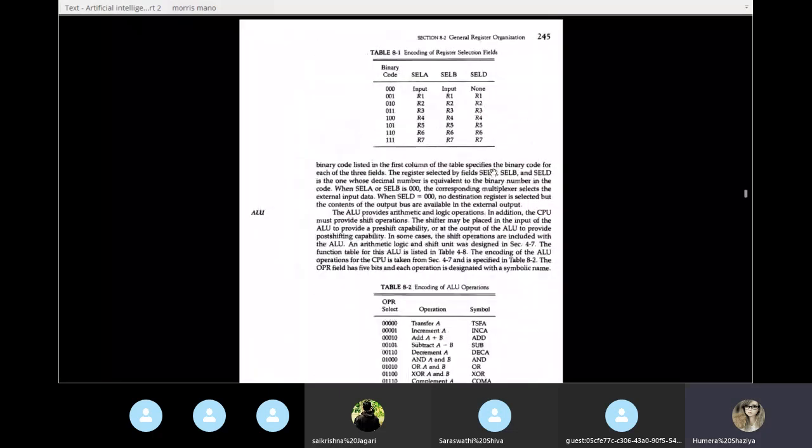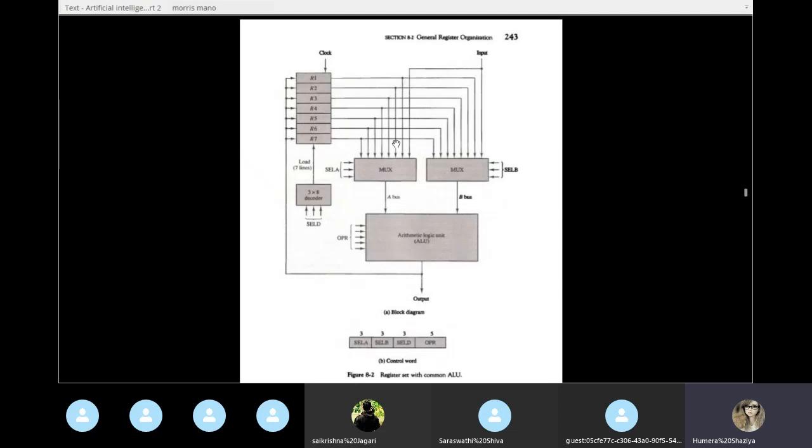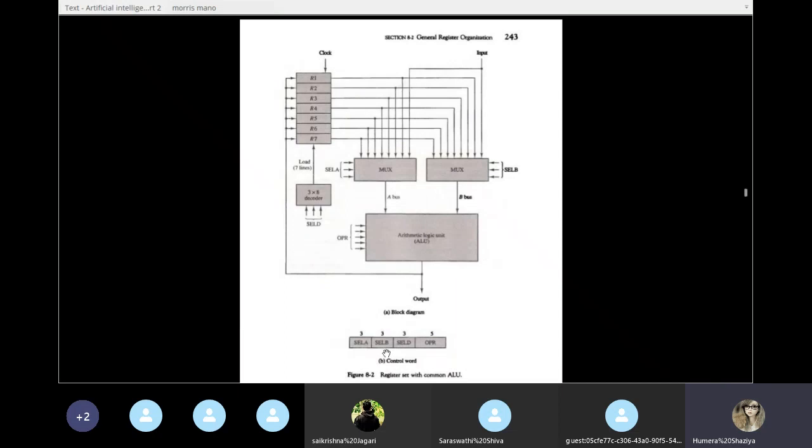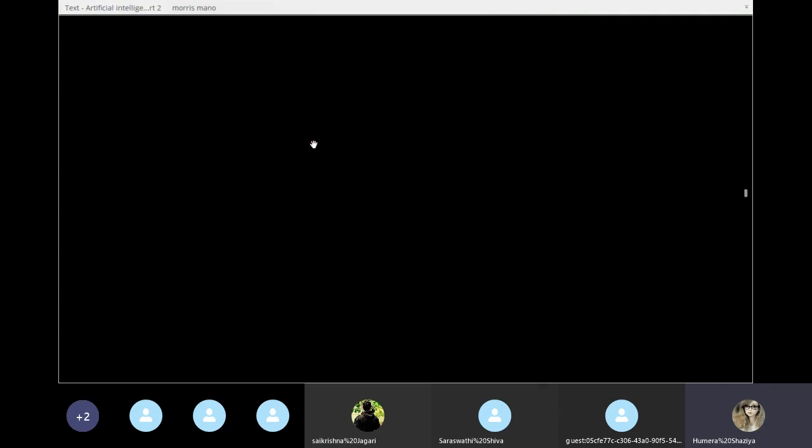If you put 001, it is R1. If you put 010, it is R2. 011 is R3. These are the binary codes. When they are used in this control word, it is determined which of these should be selected.